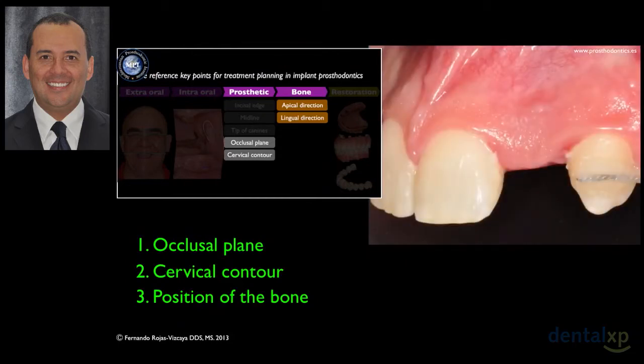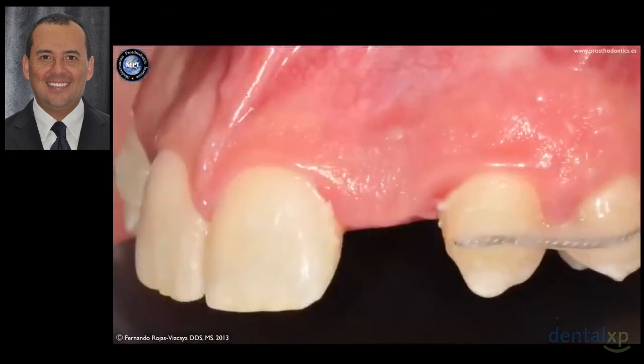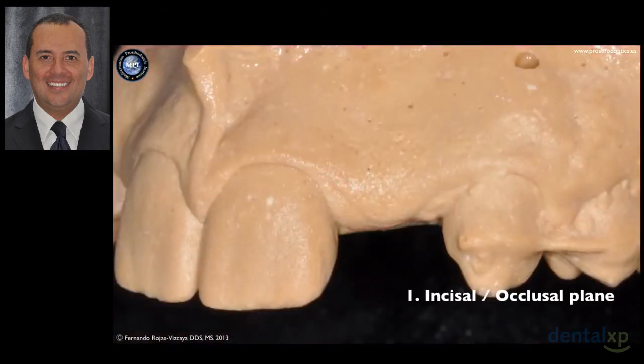We need to restore this maxillary lateral incisor with a dental implant. We will follow the same process. First step, where is the incisal edge, the occlusal plane. Here we only need to determine where is the incisal edge. You fix this incisal edge where you think that is correctly aesthetically for the patient. The second step is determine what is the margin of the crown or the cervical contour.